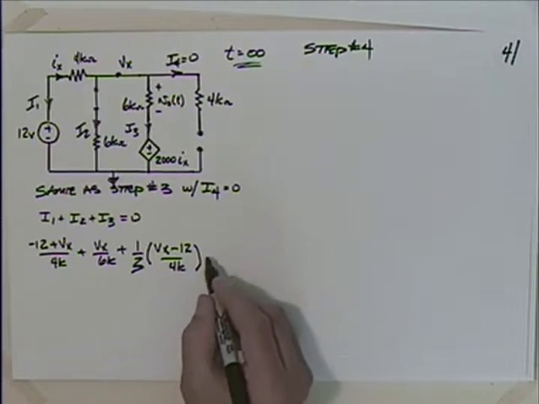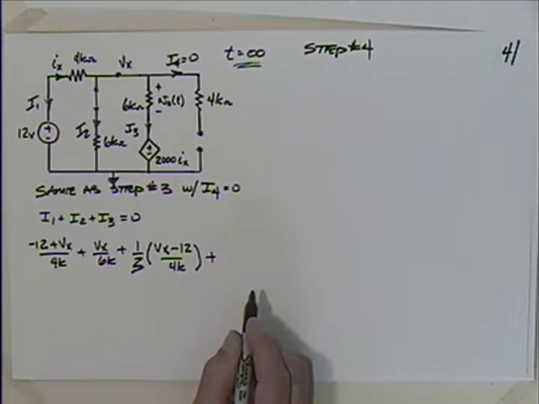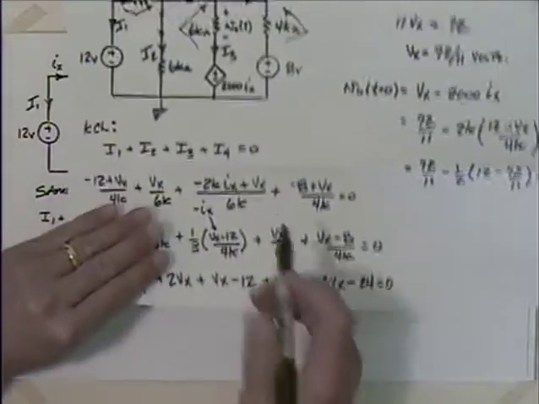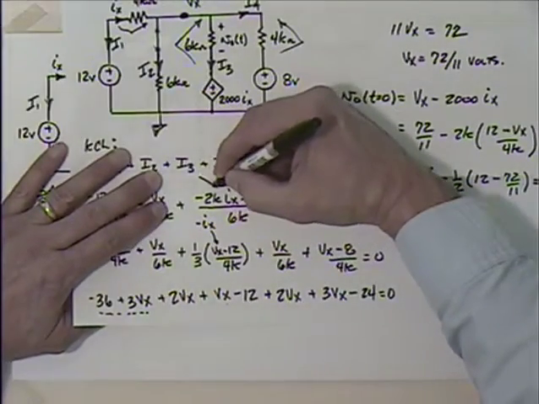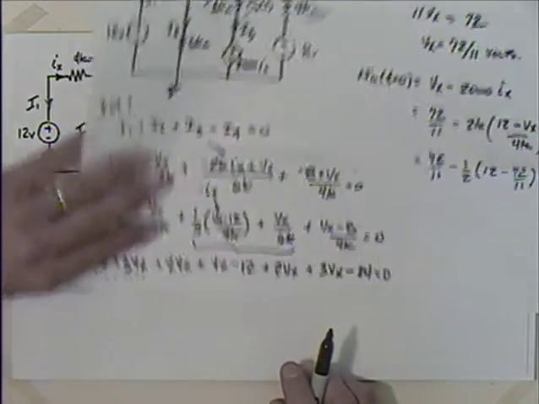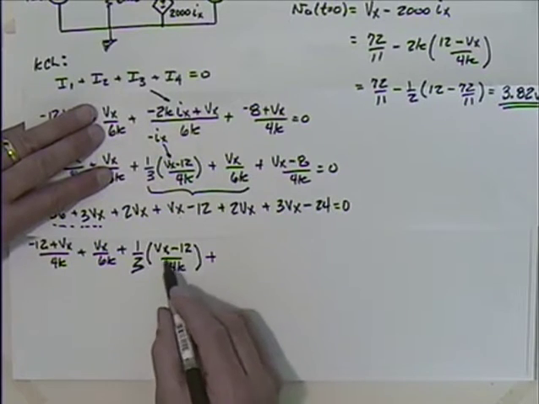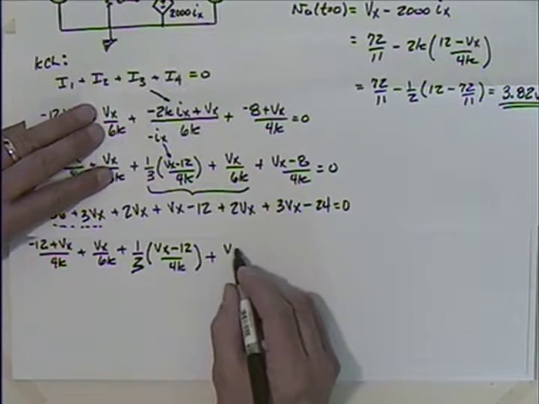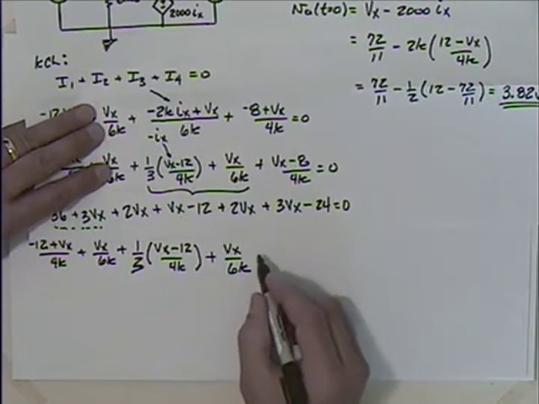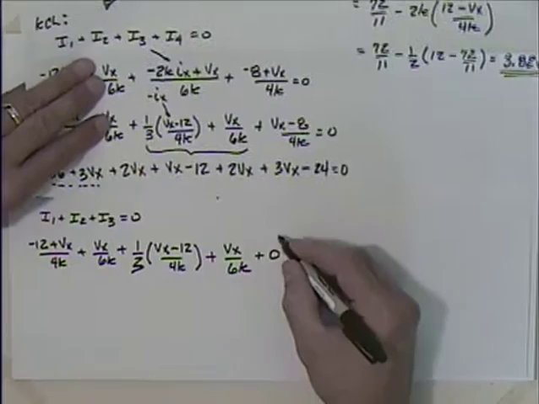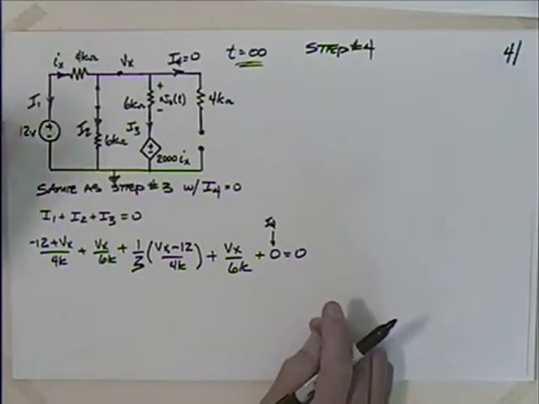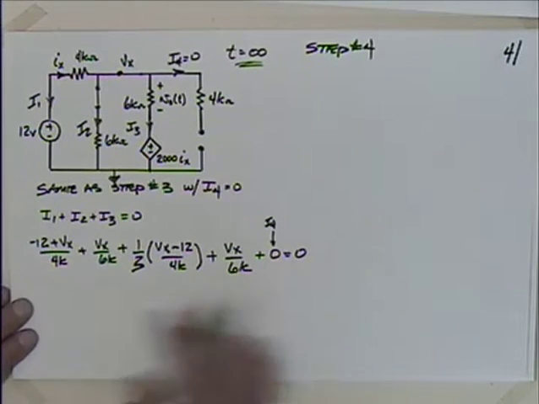Okay, plus, what is I3? Whoop, I've still got another term for I3, don't I? I have that because this was back here. That's your I3, and this whole thing ended up being I3, didn't it? So I'll have a third Vx minus 12 over 4k plus Vx over 6k, just saving a little bit of work, plus 0. That was your I4, wasn't it? Is equal to 0.